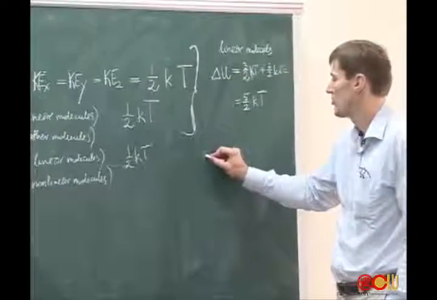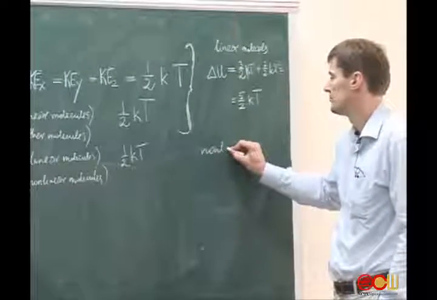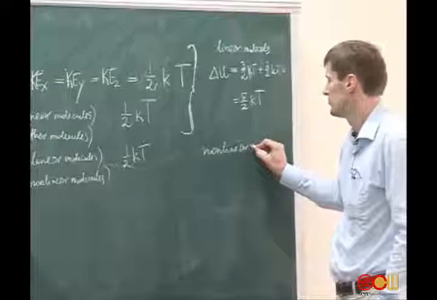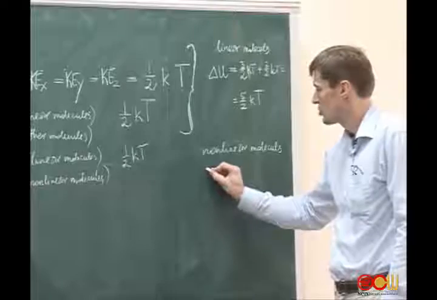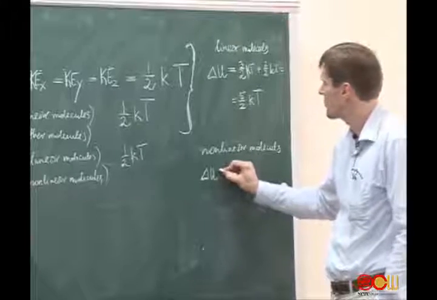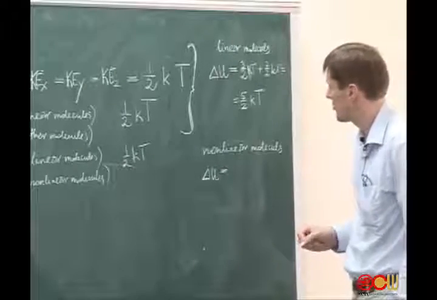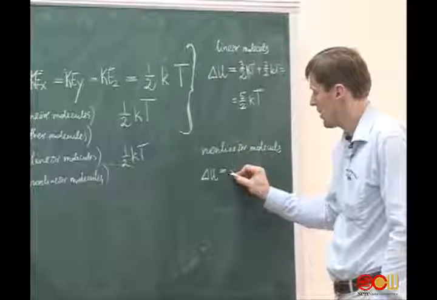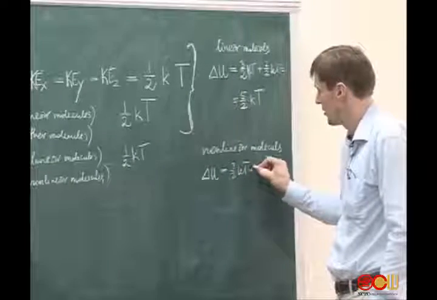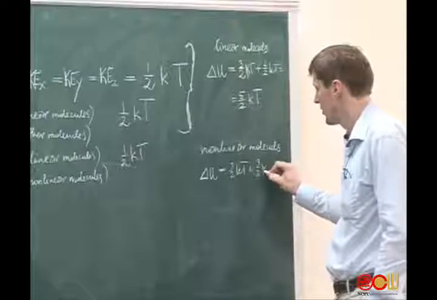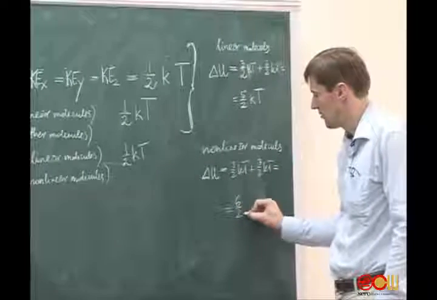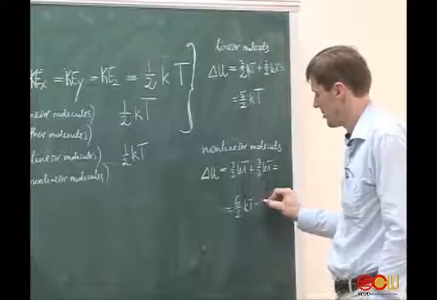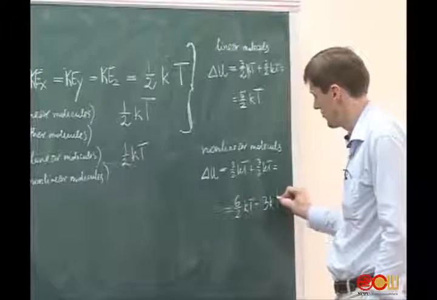And for nonlinear molecules, the change in the internal energy caused by the temperature will be equal to 3/2 kT plus 3/2 kT, which totally gives 6/2 kT, or if somebody prefers, just 3 kT.